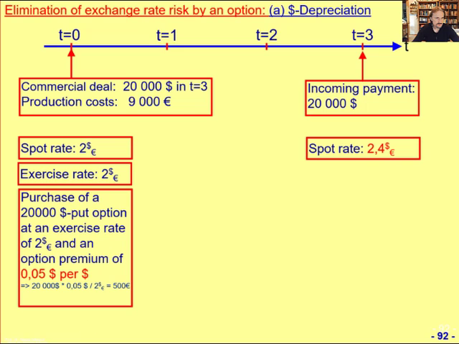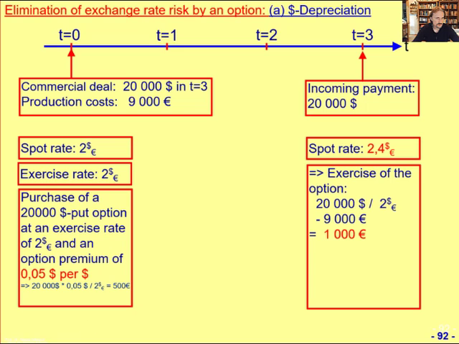For example, in this case, we could exercise the option and exchange our incoming revenue of $20,000 at the exercise rate of $2 per euro, such that our euro income in the future will be 10,000 euro.